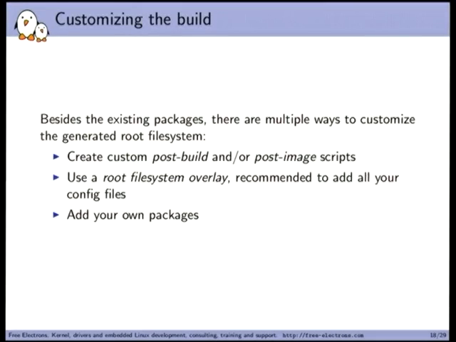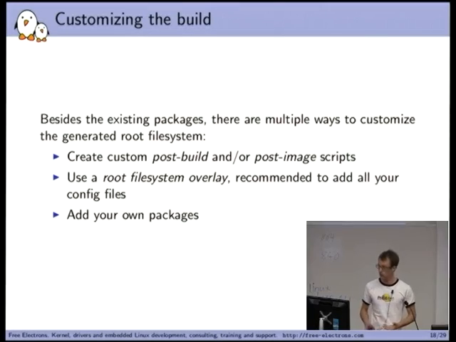So besides selecting the different packages, there are different ways you can customize the build because, well, packages are interesting, obviously, but possibly you need to add more configuration files or adjust things in the root file system, and there are different ways to do that. Buildroot provides what we call post-build and post-image scripts.